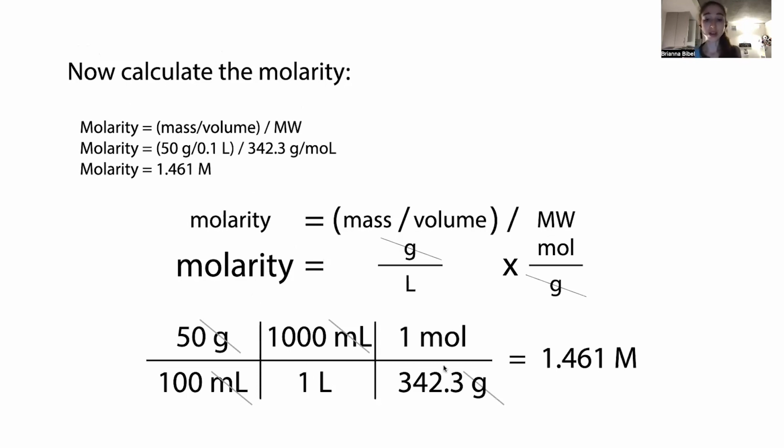We line things up so that the units cancel out. So you can see that we're using this conversion factor of 1,000 mils is 1 liter. And we line it up so that the mils are canceling out, leaving us with liters. And we get the value of 1.461 molar solution.